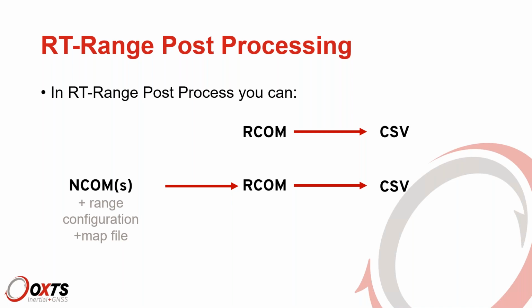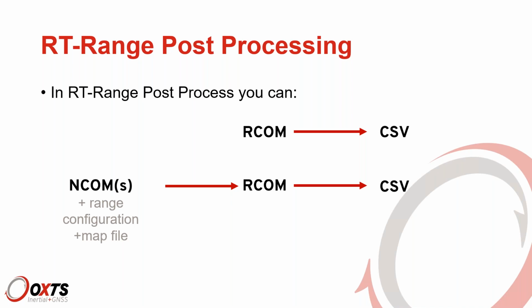Or if you weren't logging the RStream of the RT-Range, you can get the NCOM files from the Hunter and from any of your target vehicles. You can generate an RT-Range configuration, or you can take the file from your RT-Range device. If you want lane measurements, you'll also need a map file of those lanes as well.